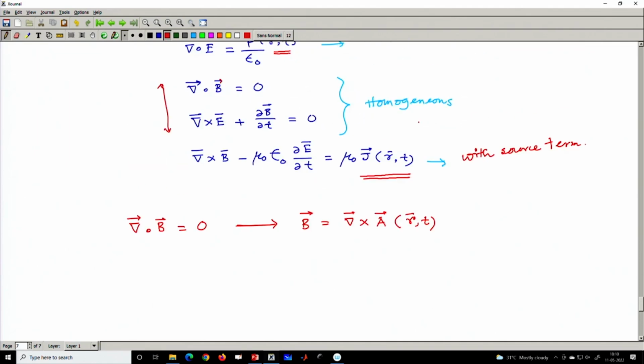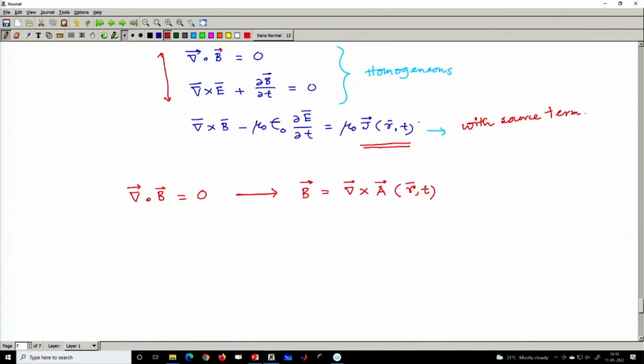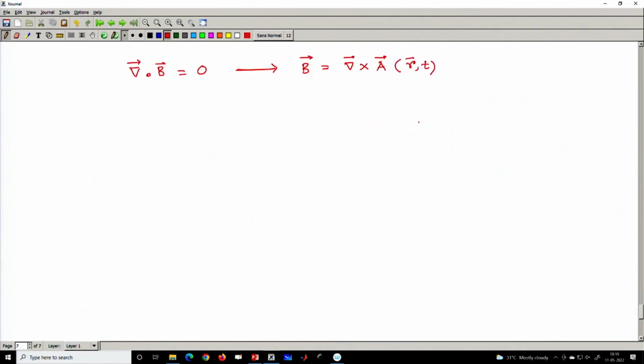Now, I will put this information, B equal to curl of A, into the second homogeneous equation.